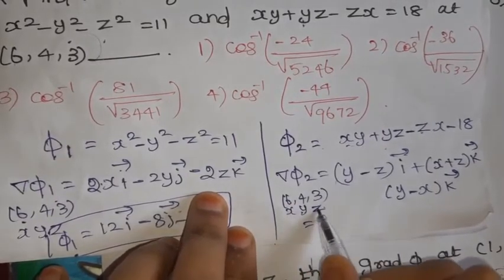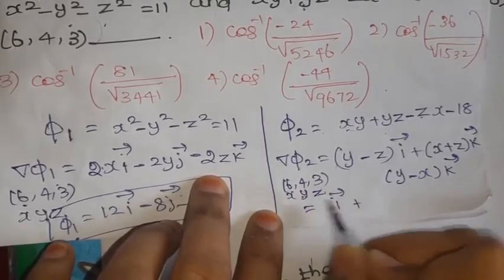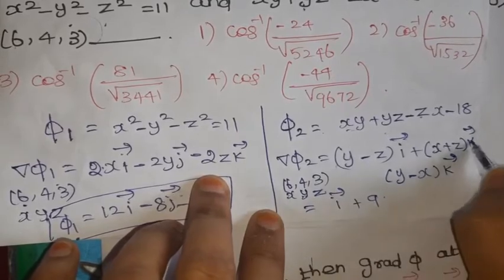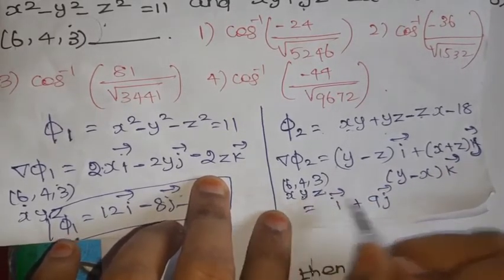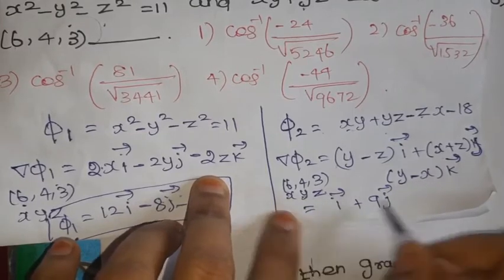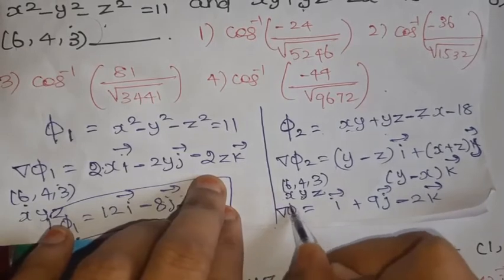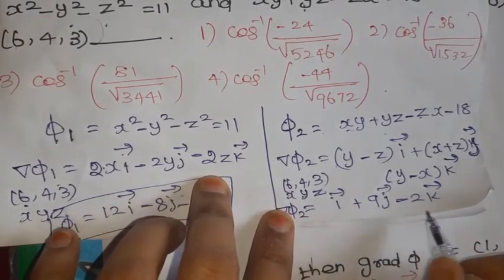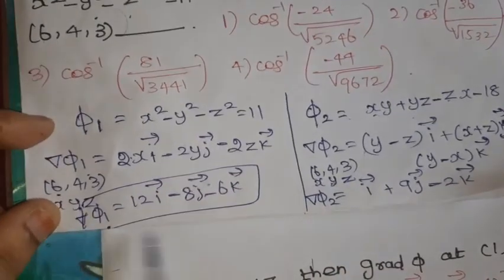So y minus z, 4 minus 3, 1, i plus x plus z, 9j, y minus x, minus 2k. So what is del phi 2? i plus 9j minus 2k. So this is del phi 1, del phi 2. Now we will substitute in that formula.